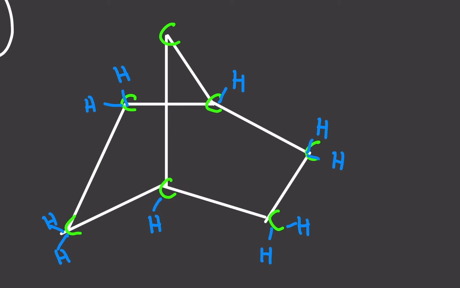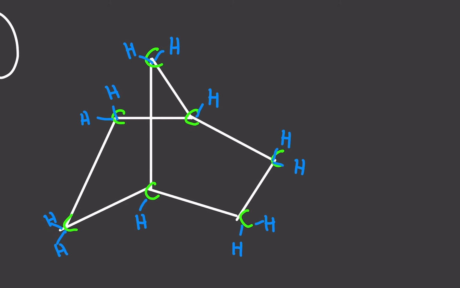And then the tippy top one has 2, because it has 1 here and 1 here. That's 4. Let's count them up. It should be 12. 1, 2, 3, 4, 5, 6, 7, 8, 9, 10, 11, 12. Awesome.